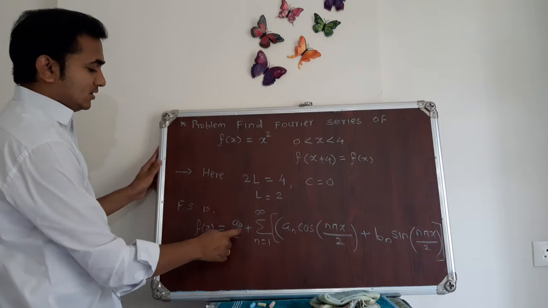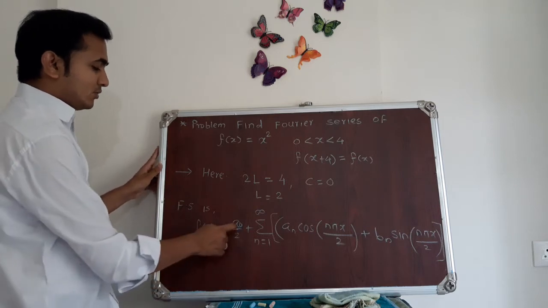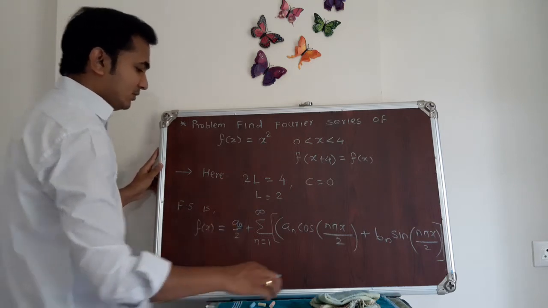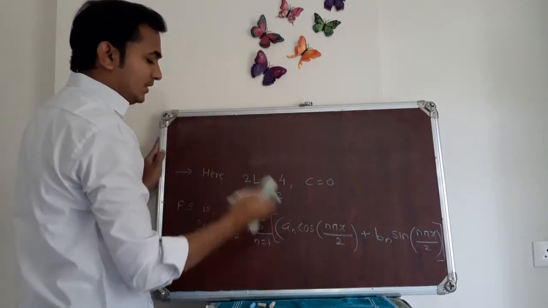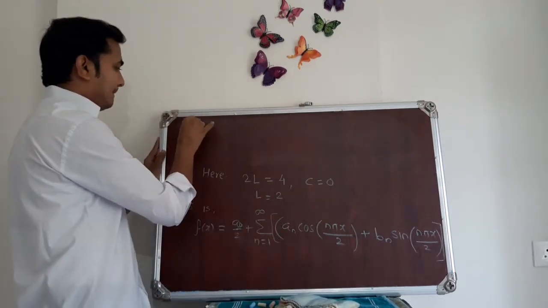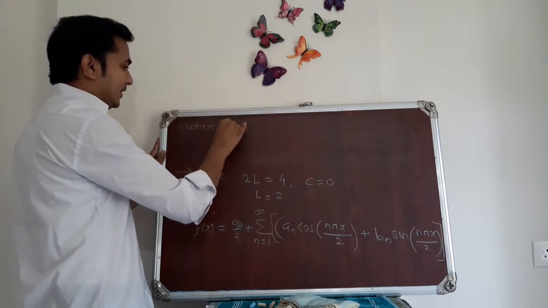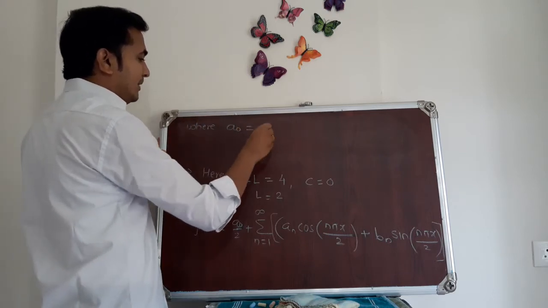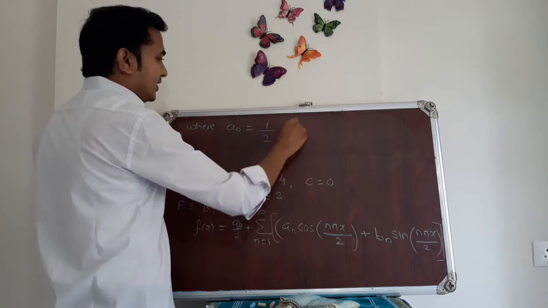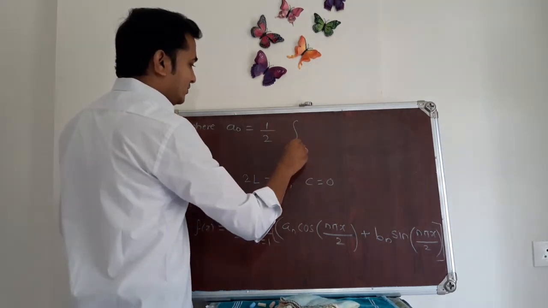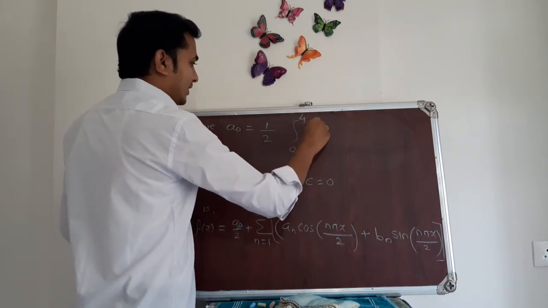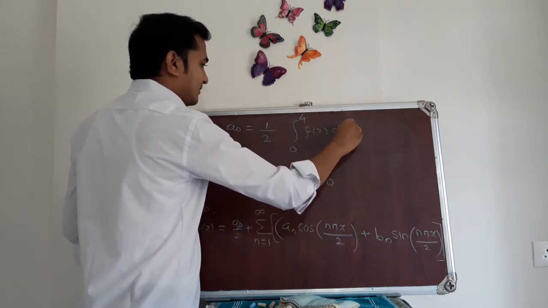The question is about what the Fourier coefficients are, where a naught is 1 by L, so 1 by 2, integral c to c plus 2L, so 0 to 4, f of x dx.